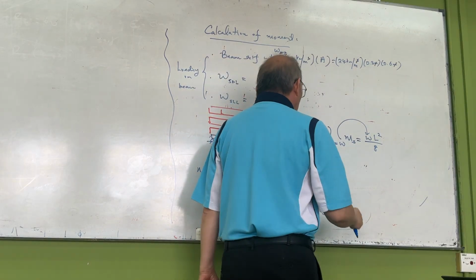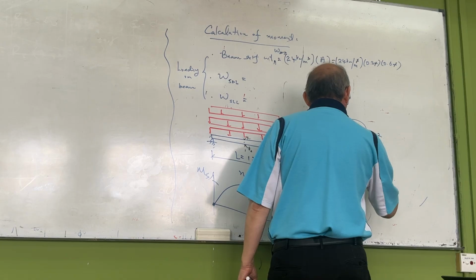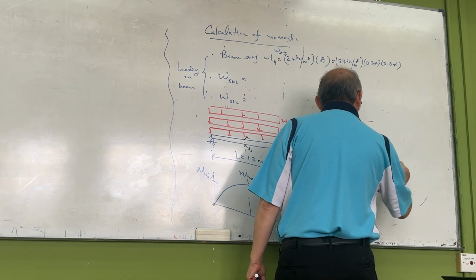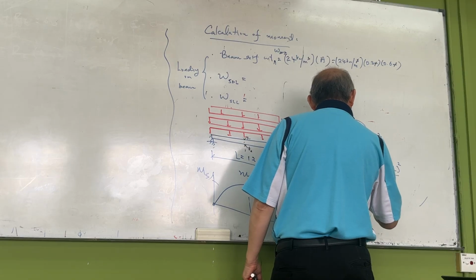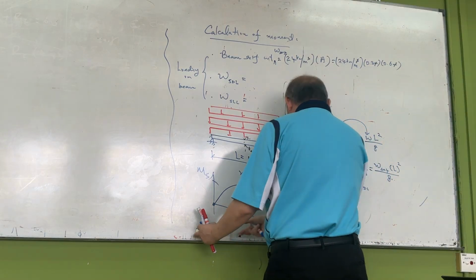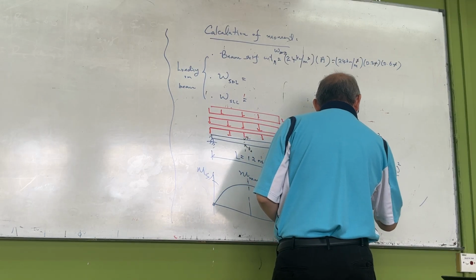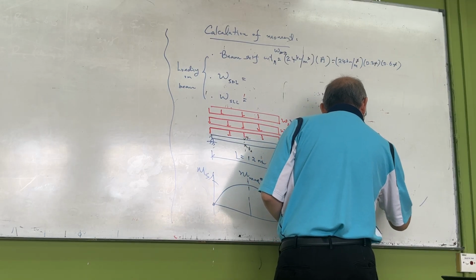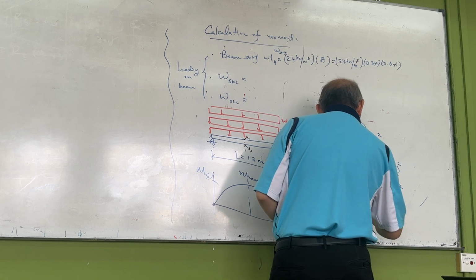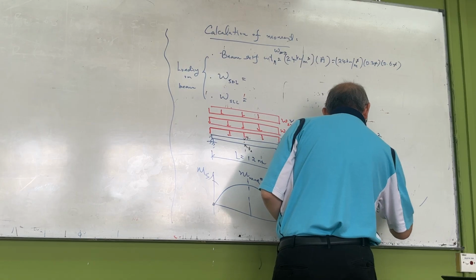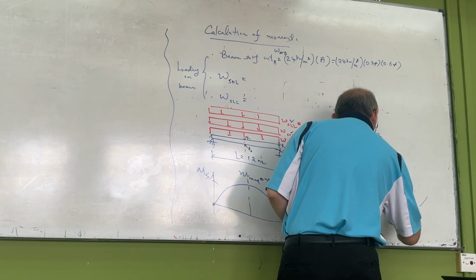So you can have MS self weight, which is W self weight times L squared over 8, and then MS superimposed dead load, which is W superimposed dead load multiplied by L squared over 8, and MS superimposed live load, due to W superimposed live load times L squared over 8.